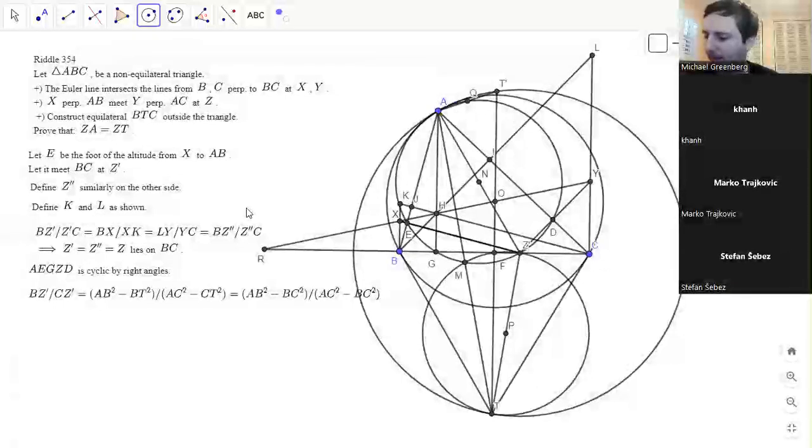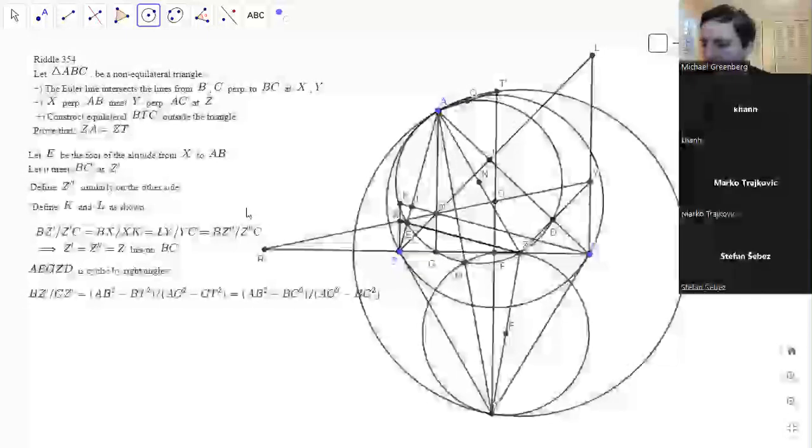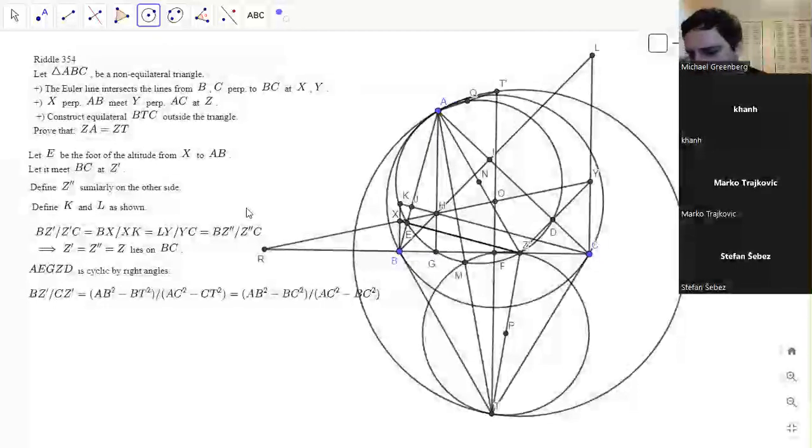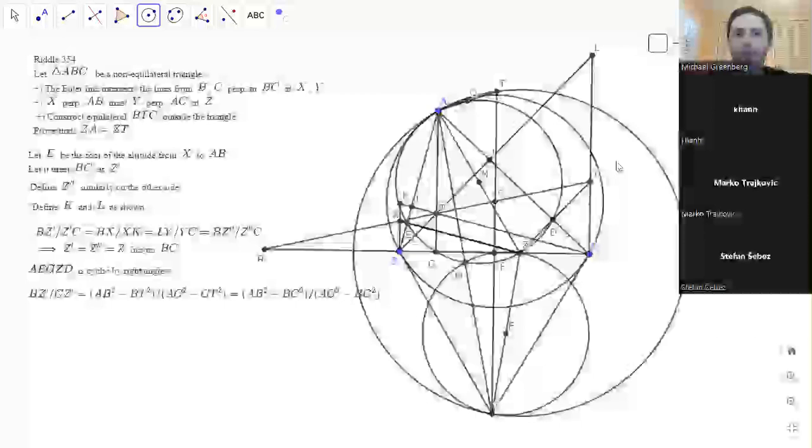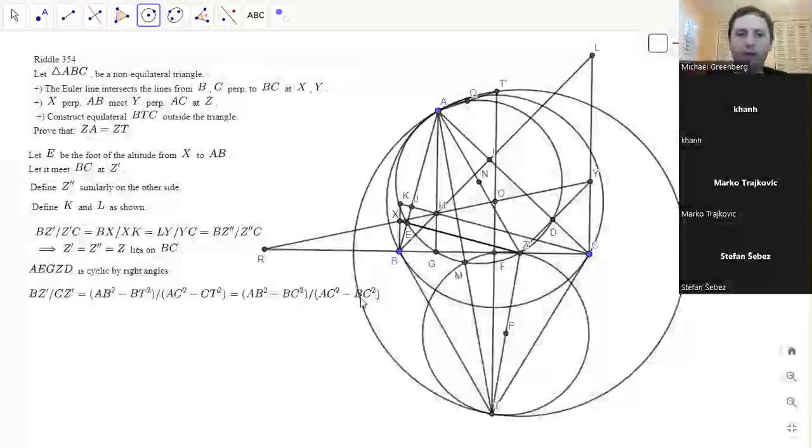So RB over RC is BX over CY. So we want to show that BX over CY times GC over GB is this. Are BGX similar? No, they're not similar.